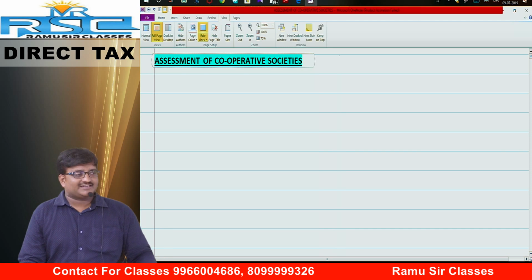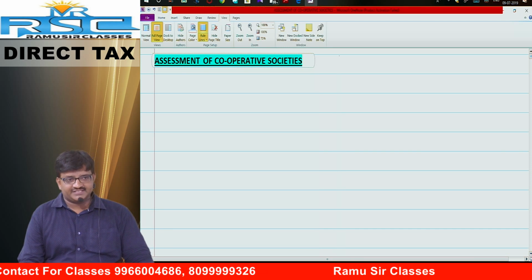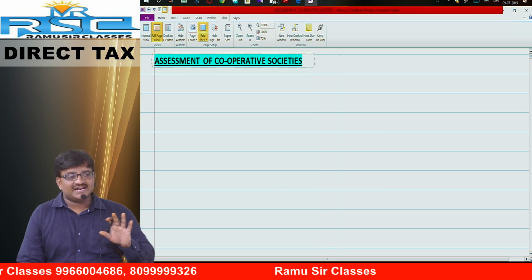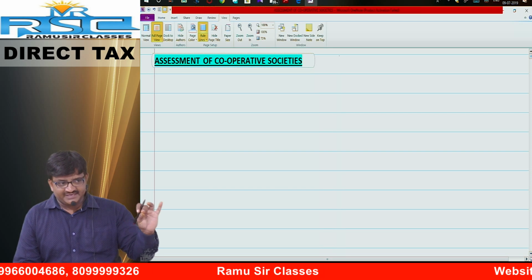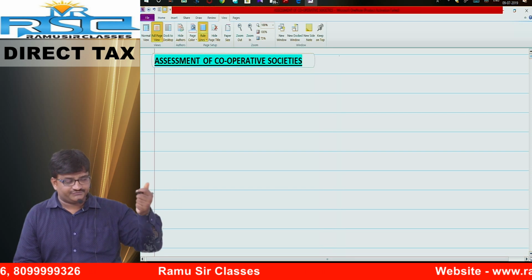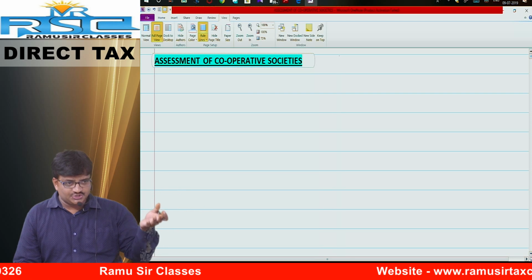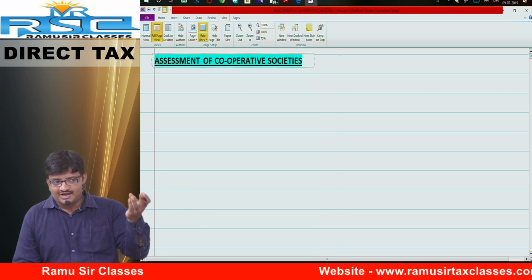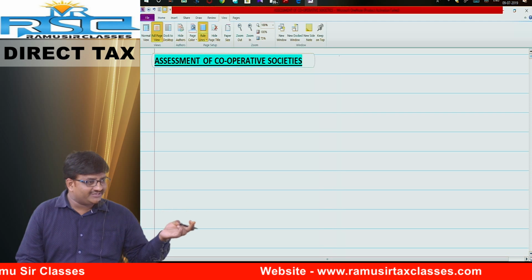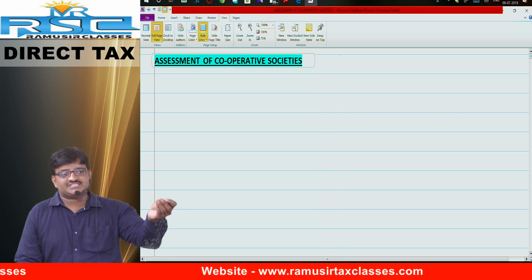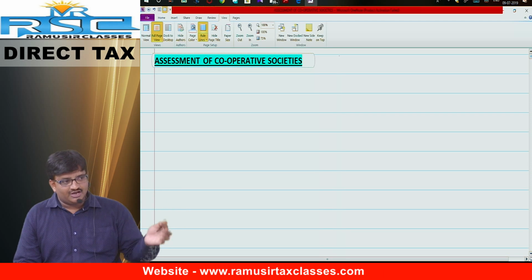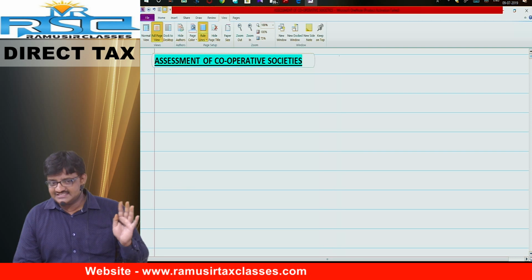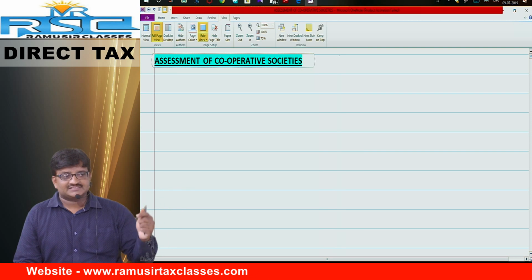What are the tax rates applicable for cooperative societies? Friends, cooperative societies do not have any basic exemption limit, unlike individuals, HUF, association of persons, body of individuals, artificial juridical persons, where 2,50,000 is the basic exemption limit, sometimes 3 lakh, sometimes 5 lakh.